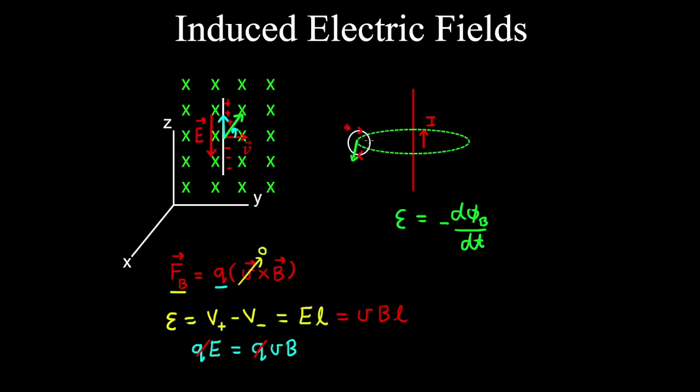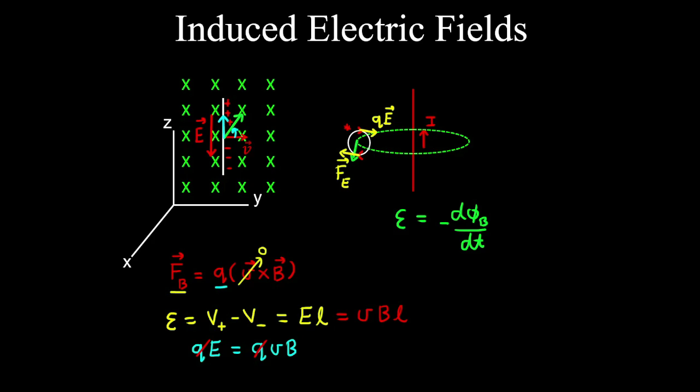So therefore, an electric field must have been induced by the magnetic field that produces an electric force to push that charge along that loop of wire. So effectively, an electric field must have been induced by the magnetic field.